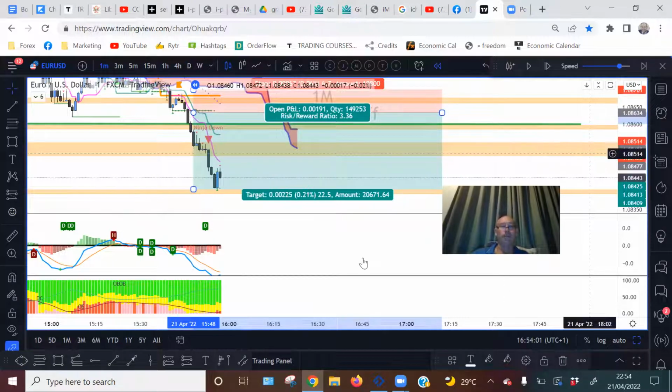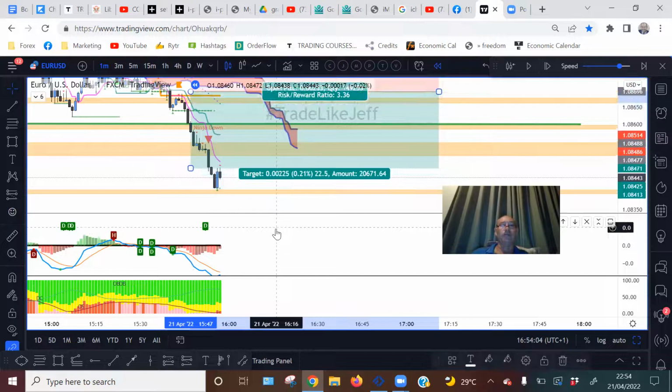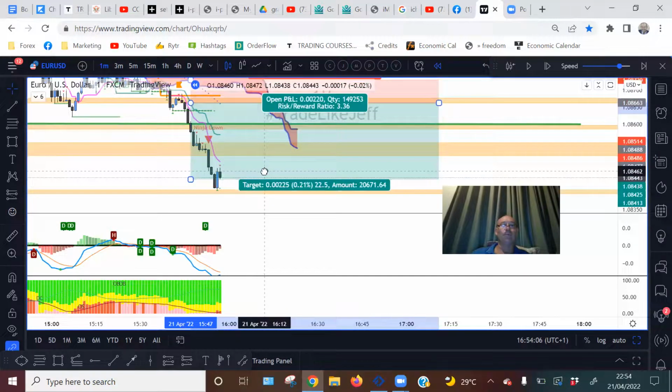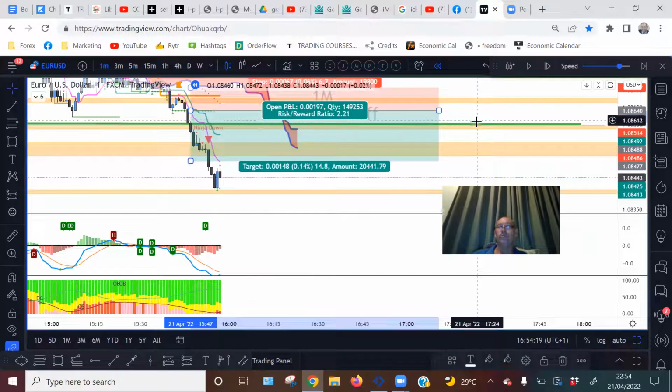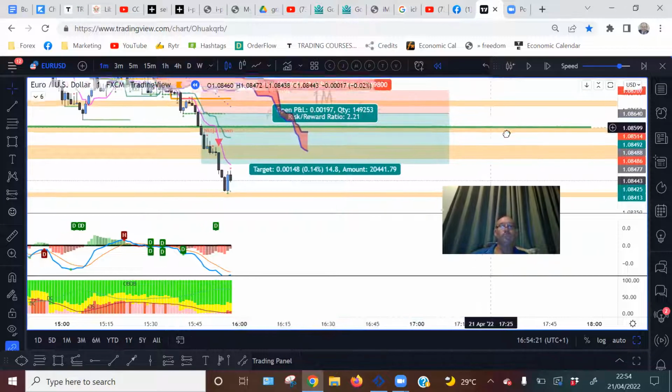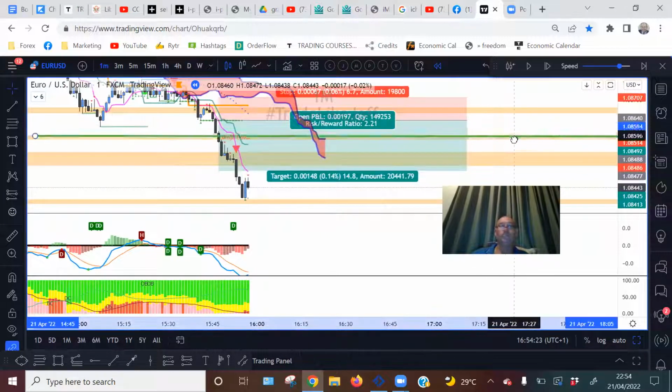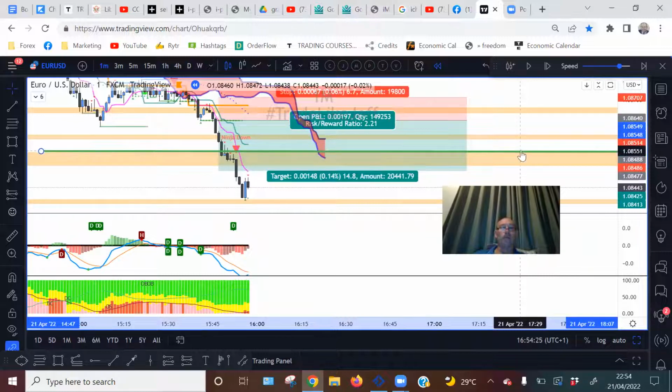So let me just look at the bigger picture. What have I got here? This comes up. This is coming only one more candle. What I'm going to do, ladies and gentlemen, I'm going to bring my stop loss down to there.